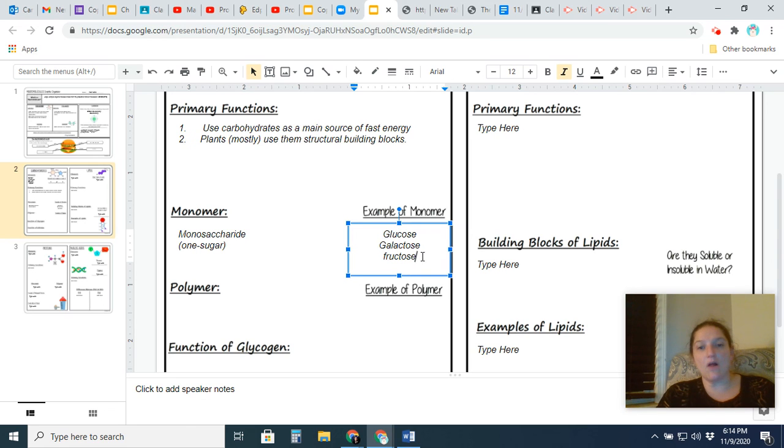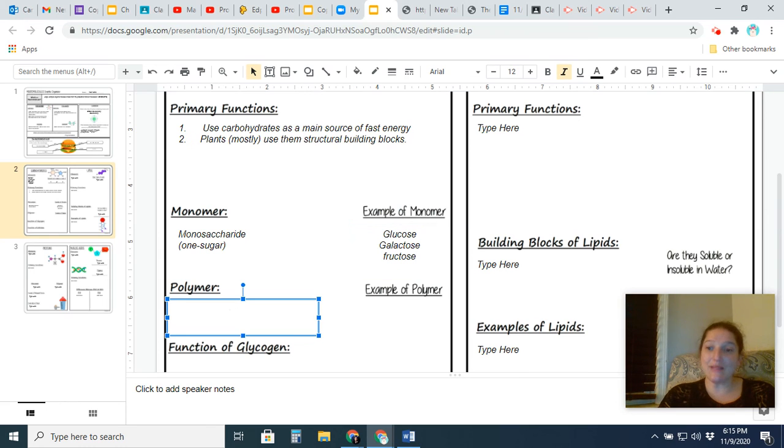The suffix on all of these, ose: glucose, galactose, fructose. Anytime you see a word ending in ose, it means it is a sugar, which means it's a carbohydrate. That does not mean that every single carbohydrate ends in ose, but that does mean if it ends in ose, it is a carbohydrate.